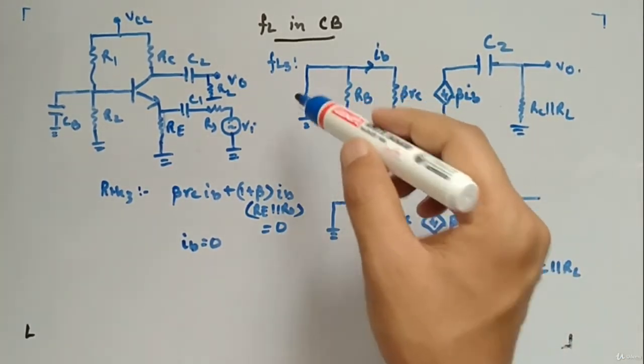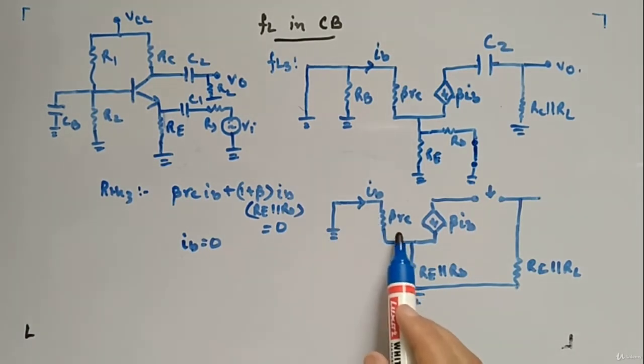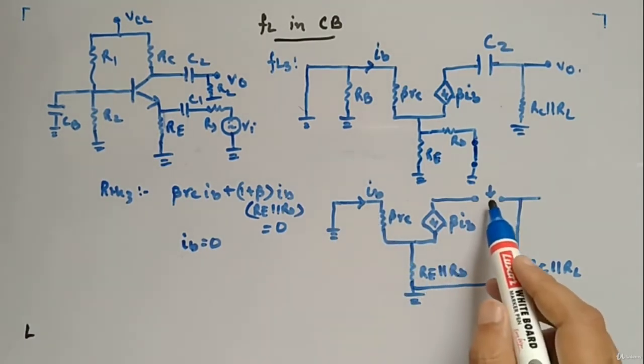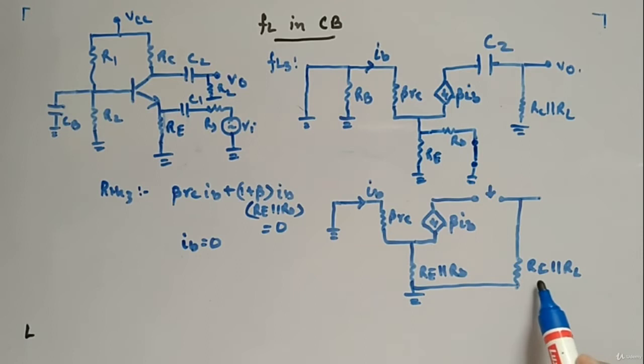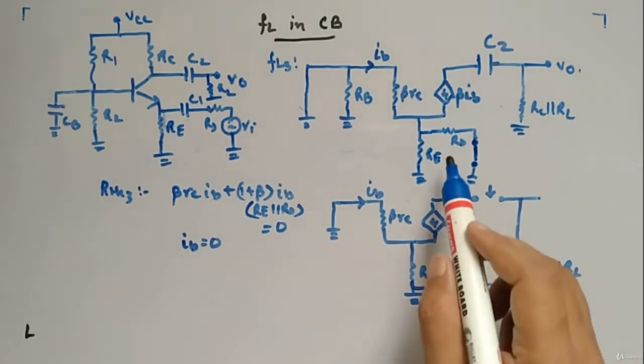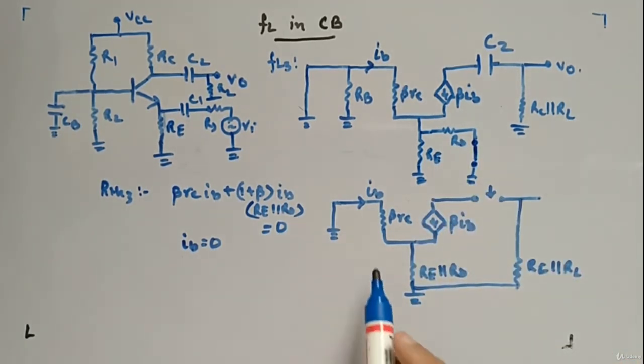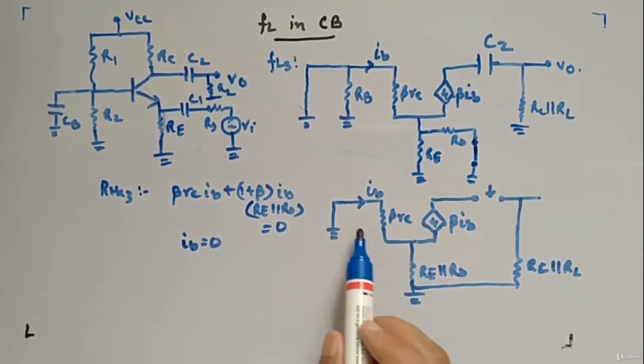So this guy will be short with this guy, so you can see IB, beta RE, beta IB. From here we have to look for equivalent resistance, RC parallel RL, RE parallel RS. These two can be in parallel if I divide this resistance by 1 plus beta.